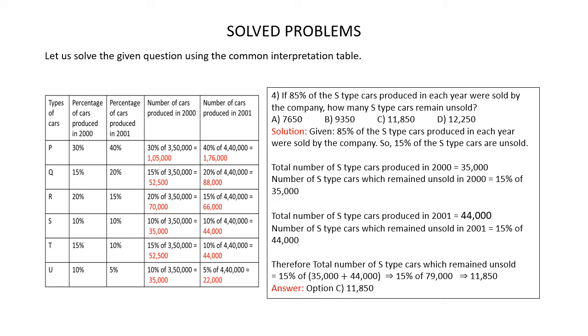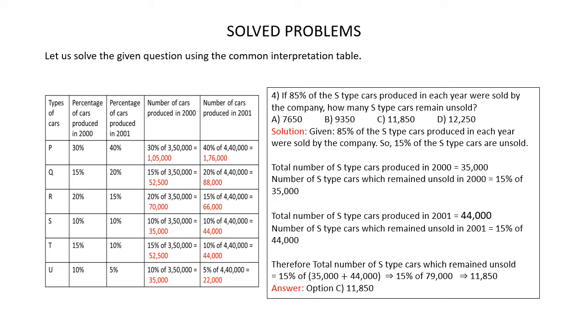Now, from this table, you can see that the total number of S-type cars produced in the year 2000 is 35,000. So, the number of S-type cars which remained unsold in 2000 is equal to 15% of 35,000. Now also from this table you can see that the total number of S-type cars produced in 2001 is 44,000.